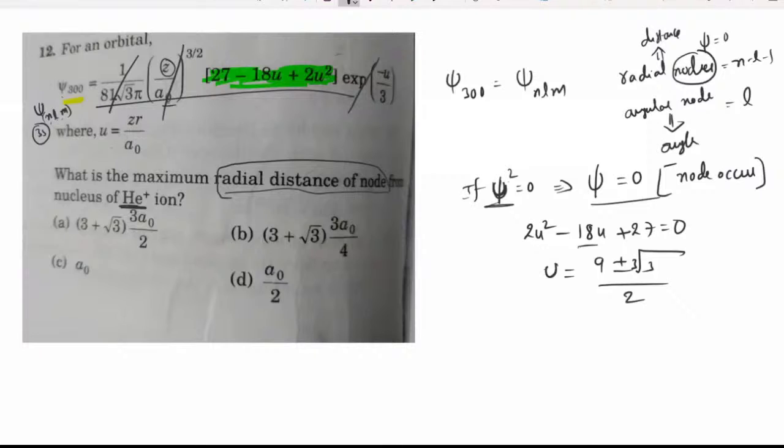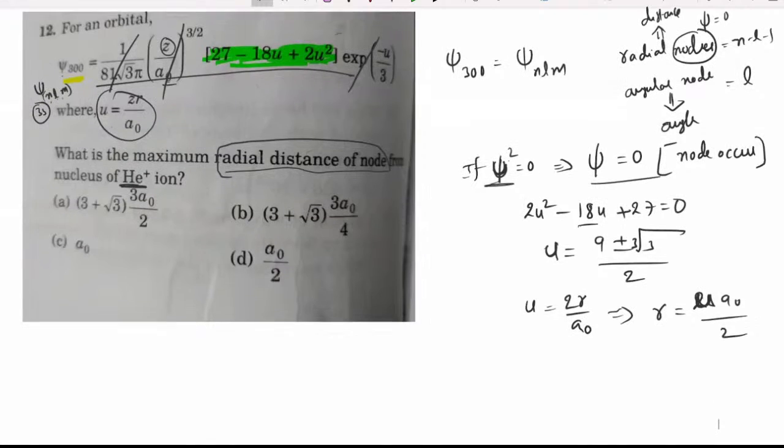You got the u value. You already know the u value they gave: u is equal to 2r by a naught. That is r is equal to u a naught by 2.